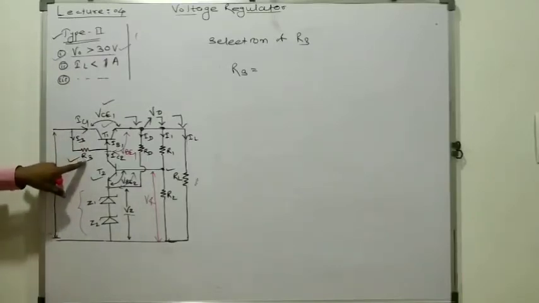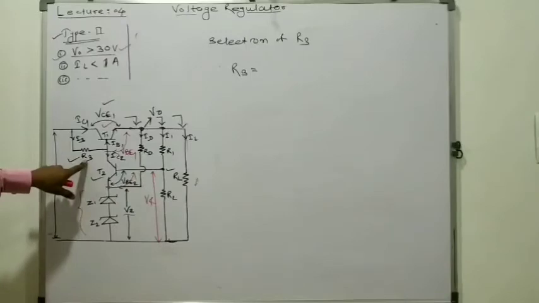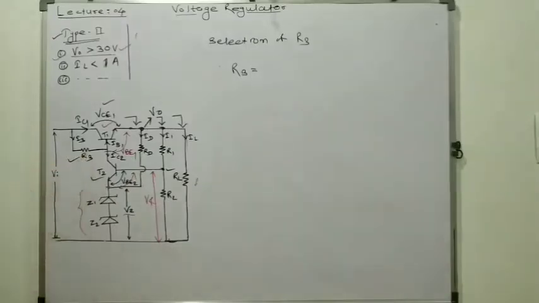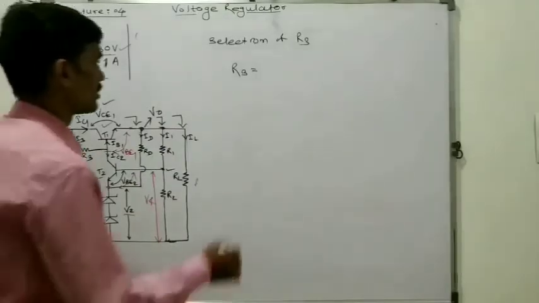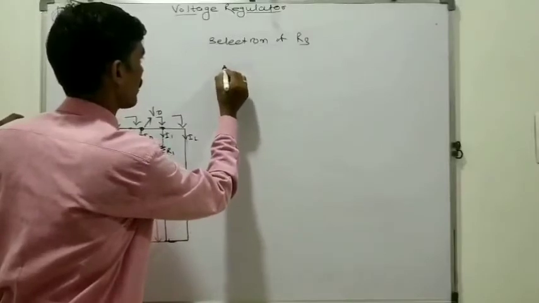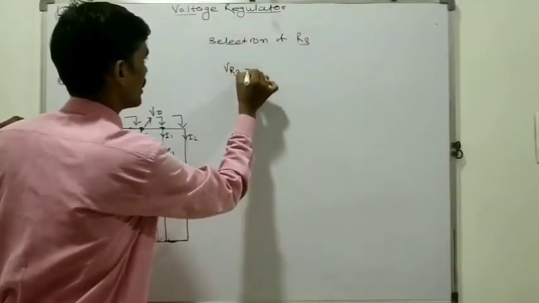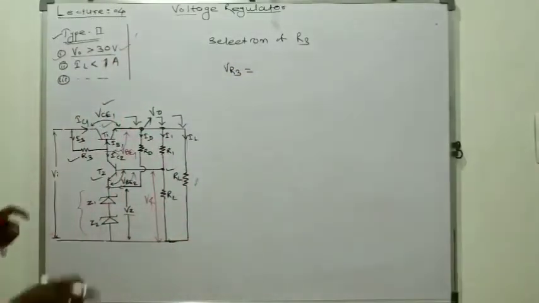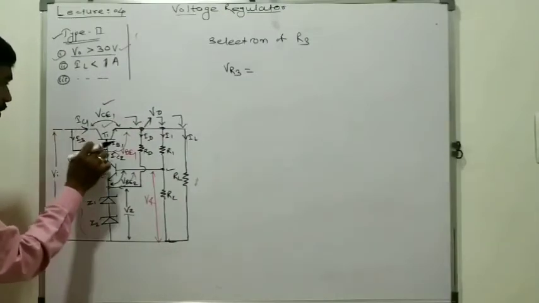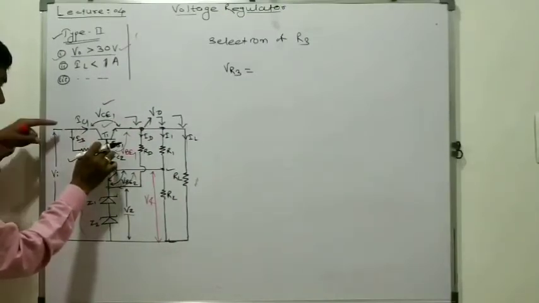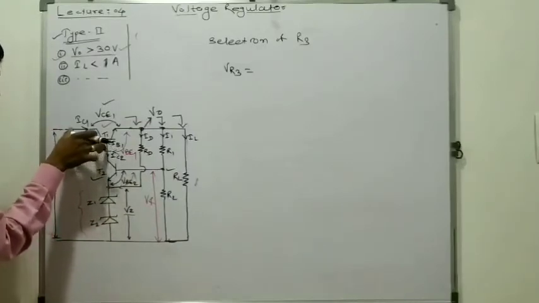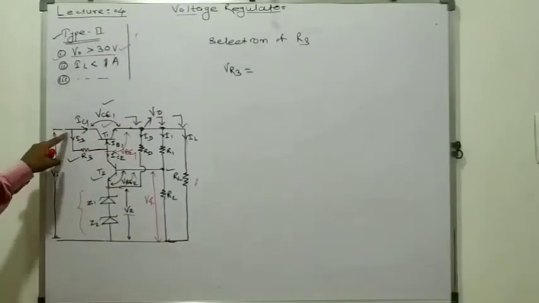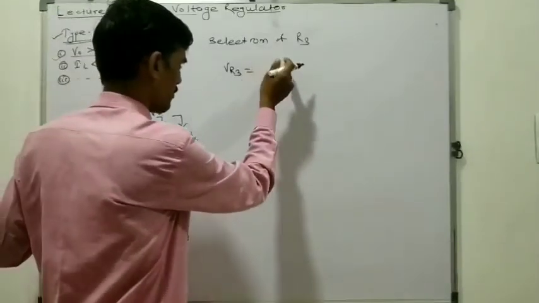But before that, we have to calculate the voltage across this resistance R3. That voltage is the voltage difference between these two points. So first, we calculate VR3. By Ohm's law, R3 is equal to the voltage difference across these two divided by I3. But first of all, we calculate the voltage difference. So VR3 is equal to 45 minus 5.